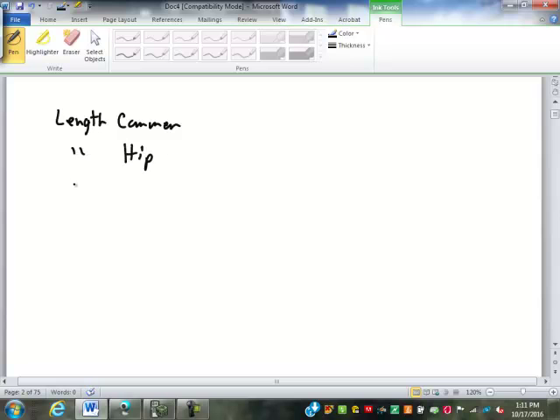We have length common, length hip, difference in jack 16 OC, difference in jack 24 OC.